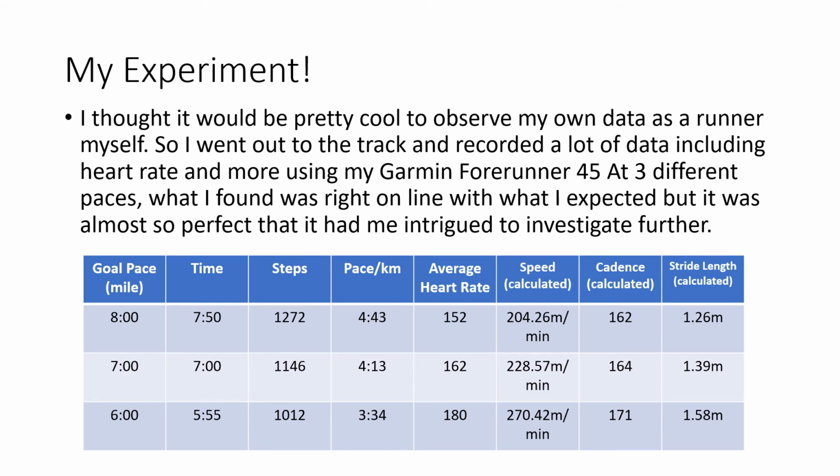I don't have a cadence feature or a stride length feature on my watch, but I was able to use my steps and time to calculate all these. And what I find interesting is Garmin and Fitbit and others charge more for watches with features like stride length and cadence. But those can actually be less accurate than just doing the math, because the math is always going to give you an exact number. So, yeah, team math, I guess.